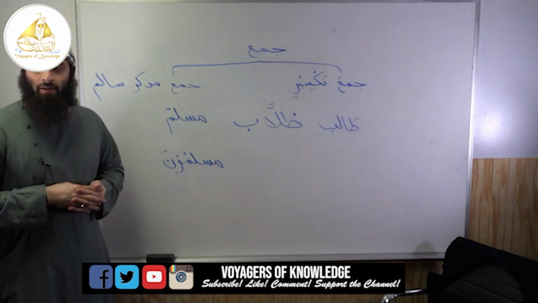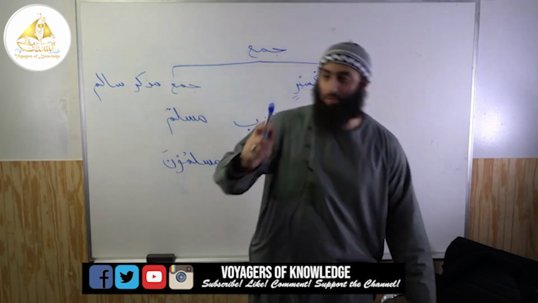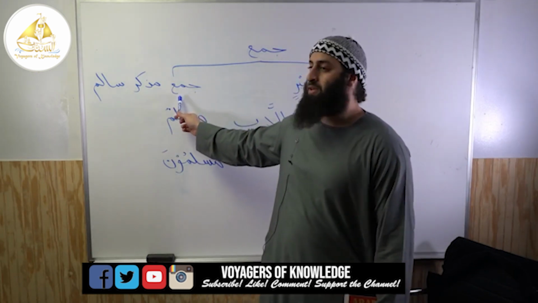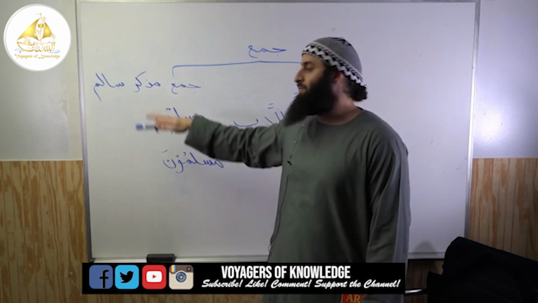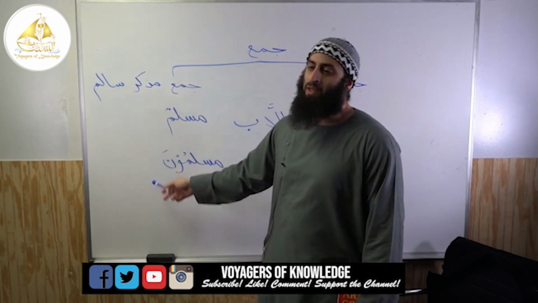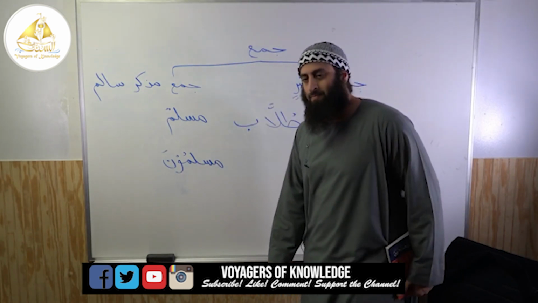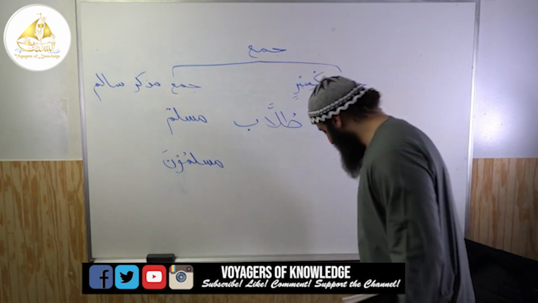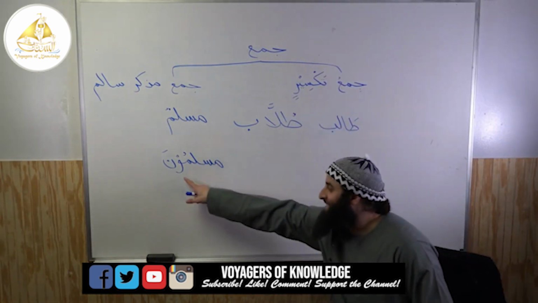Will feminine plural fall under that? Feminine plural has this also. Instead of mudhakkar, it's mu'annath. So you see how we add wow, noon? Feminine has its own 2 letters that you add. We're going to get to it, so there's no rush. Ina? No, Ina is still for this one.